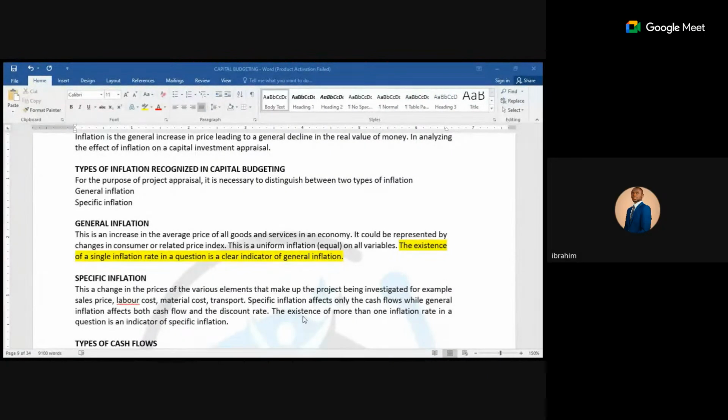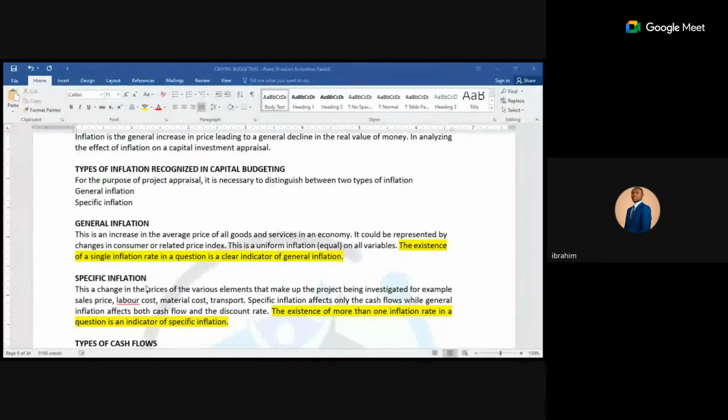But in a situation whereby they say sales will increase by 5%, variable costs by 6%, fixed costs by 10%, that is specific inflation.